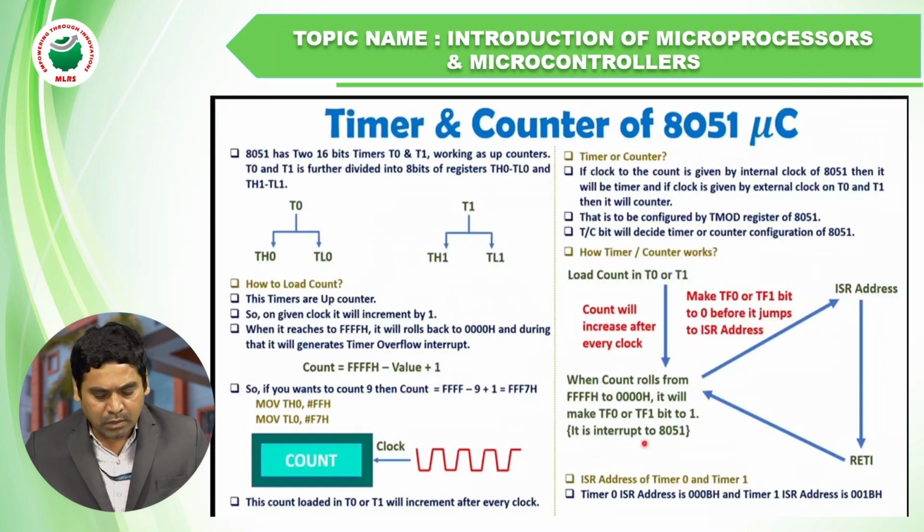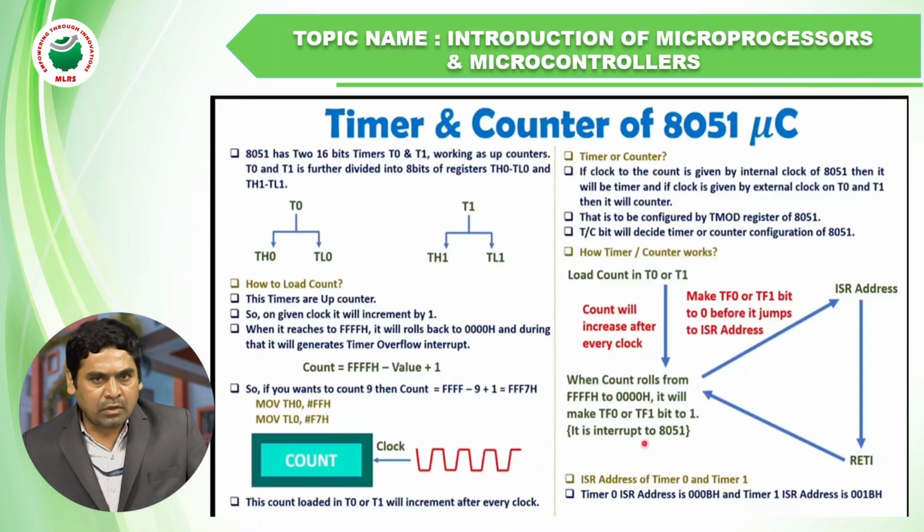So here are two 16-bit timers, T1 and T0, working as up counters. T0 is further divided into 8-bit registers TH0 and TL0, and T1 is divided into TH1 and TL1.